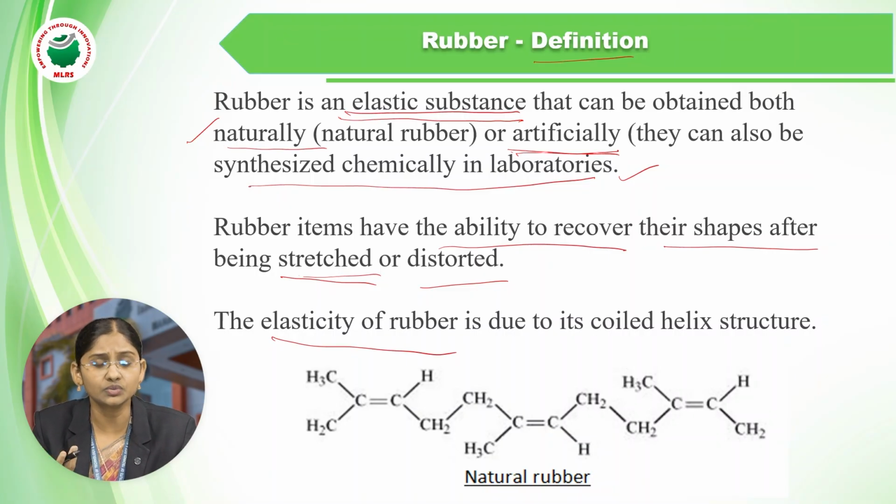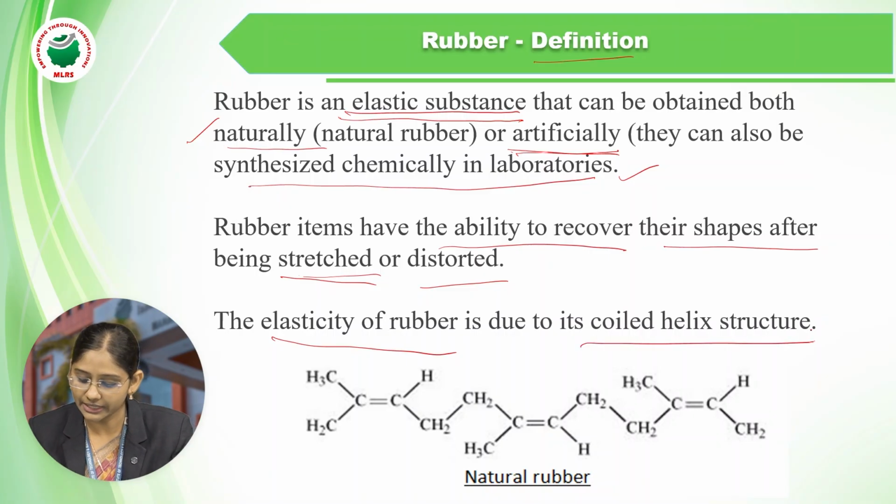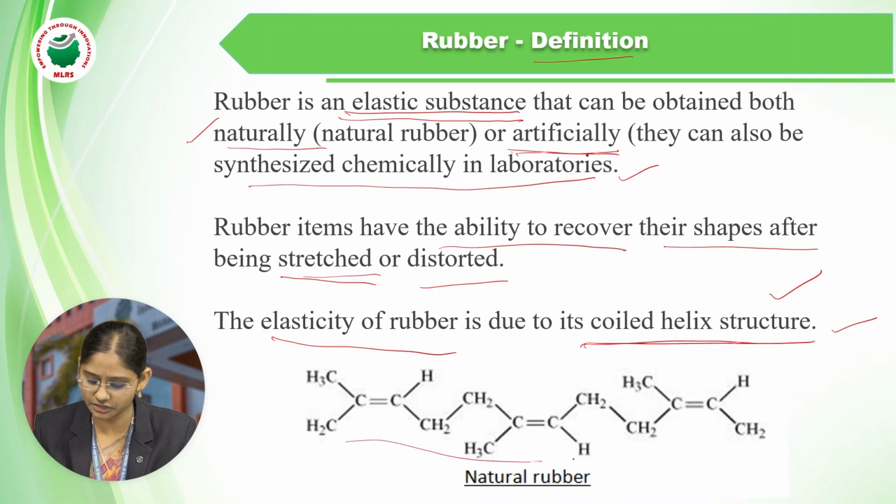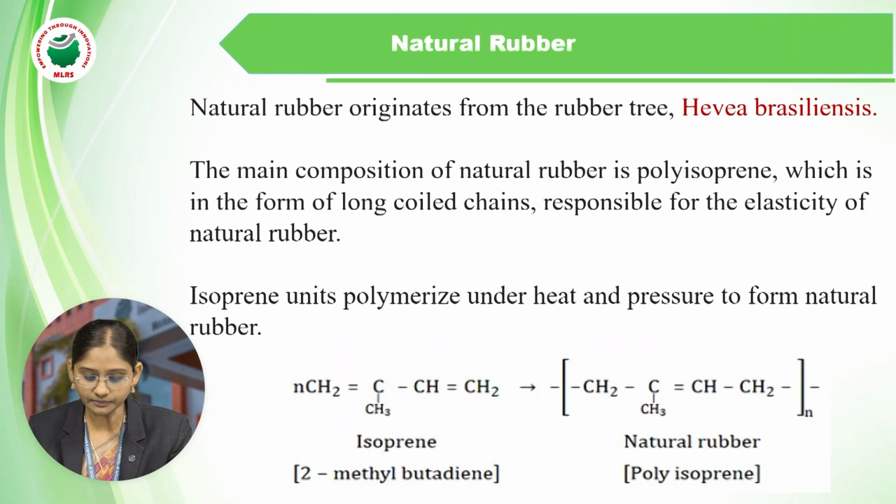The main reason for the elasticity of rubber is its coiled helix structure. This is the total structure of natural rubber. Because of the presence of this chemical structure, rubber shows the property of elasticity. Now we'll see natural rubber, which originates from a rubber tree called Hevea brasiliensis.